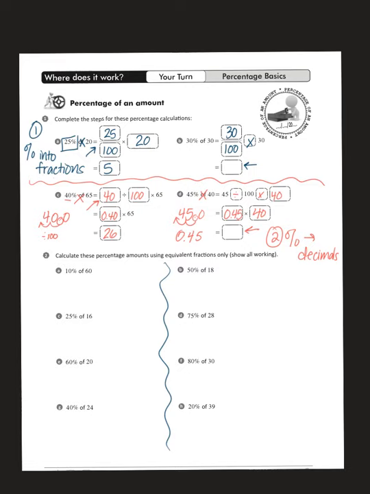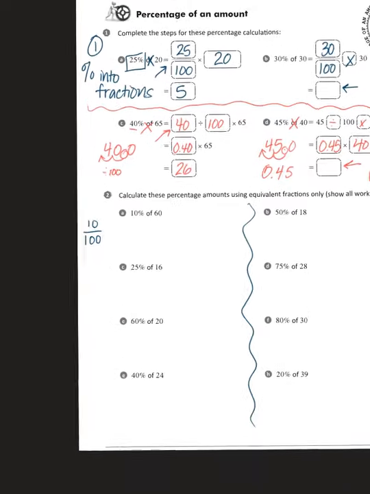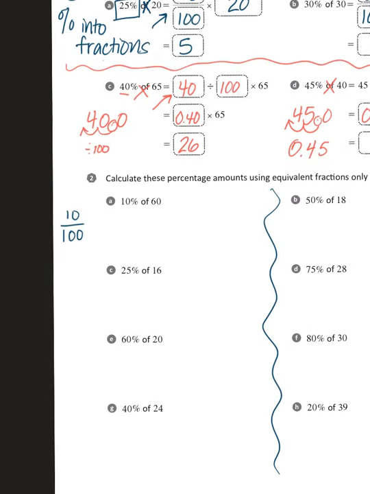Okay, 10%. 10% as a fraction means 10 out of 100. So 10 over 100. Again, on your calculator, that's going to look like 10 divided by 100. So entering the number 10, using your divided by button, over 100.